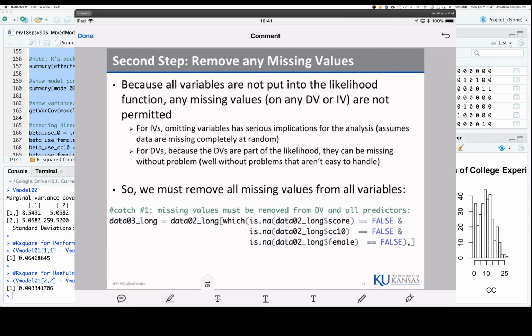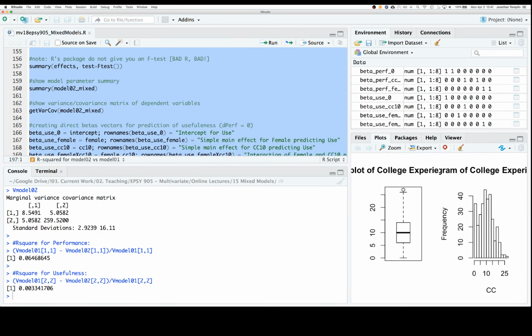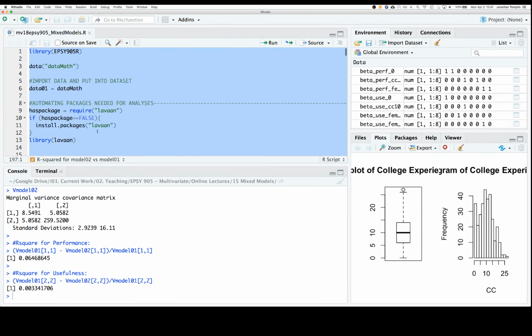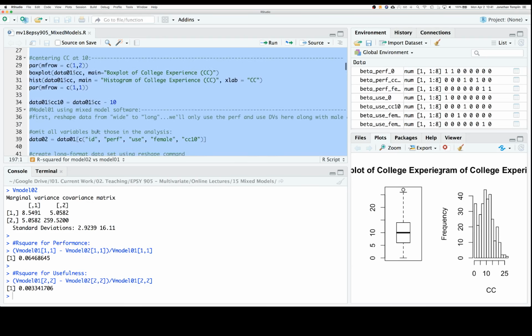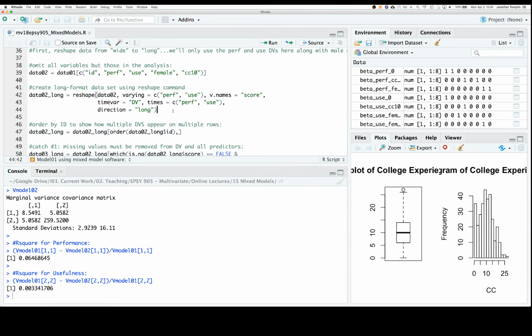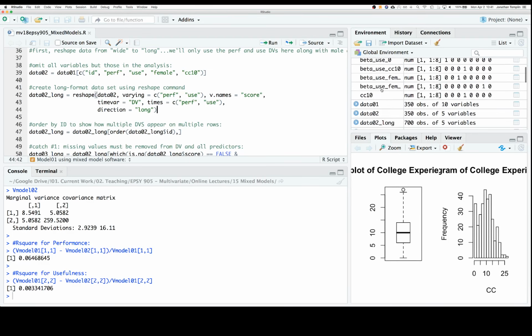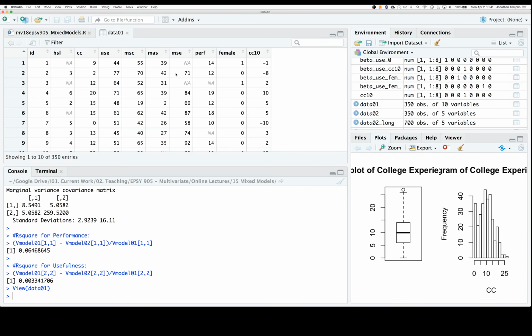So if I were to flip over to the R software to make this work, you can go ahead and take a look at my package here. Let's first take a look at the data before we go a little bit further. Data 01, this is the data that we used for Lavaan. This has been the data that we've been using for this section of the class for the past few lectures. So here you see each of the variables.